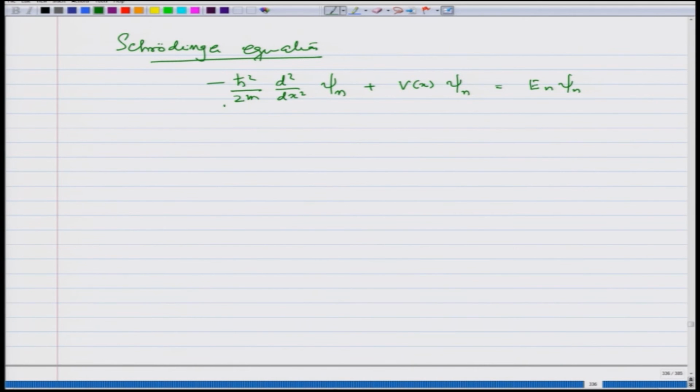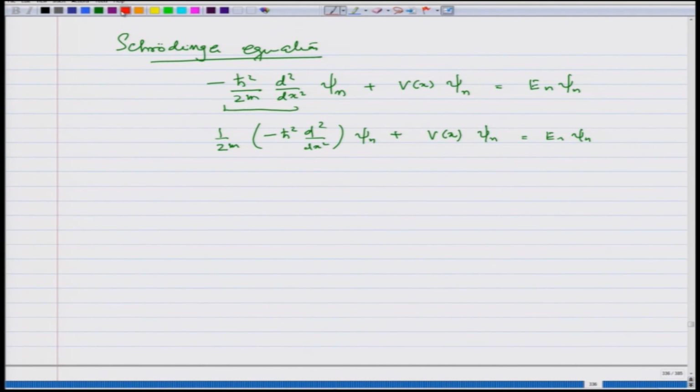What did we say this operator was? This is 1 over 2m minus h cross square d2 by dx square psi n plus V(x). Now, V(x) you can write as a polynomial or whatever, and we saw that that also is like an operator operating on psi n is equal to E n psi n.